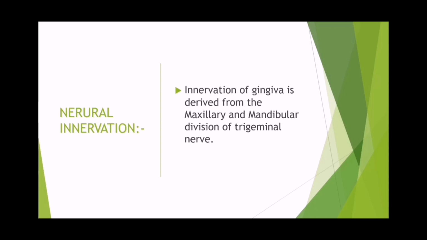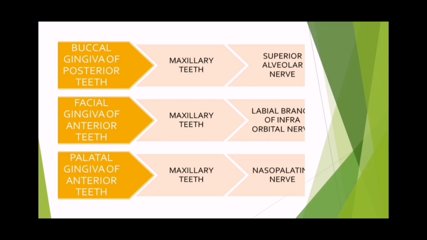Neural innervation: the innervation of the gingiva is derived from the maxillary and mandibular divisions of the trigeminal nerve. The buccal gingiva of the posterior maxillary teeth is supplied by the superior alveolar nerve.